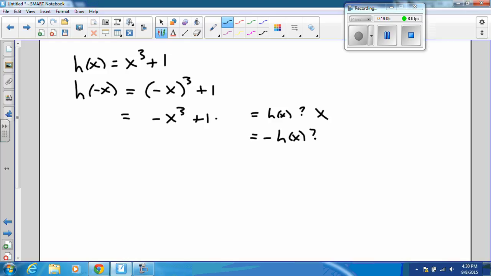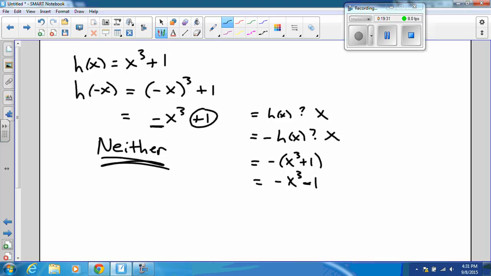Some students are fooled by that negative sign right there, but if you take a look at the opposite of h of x, the opposite of h of x is negative x cubed minus 1, not negative x cubed plus 1. So it is not equal to the opposite of h of x either. And that means that h is neither even nor odd. Notice that if all you did was look at the lead exponent and say that's an odd number, so h of x must be an odd function, you had a hard time with this. There is no shortcut by looking at exponents.